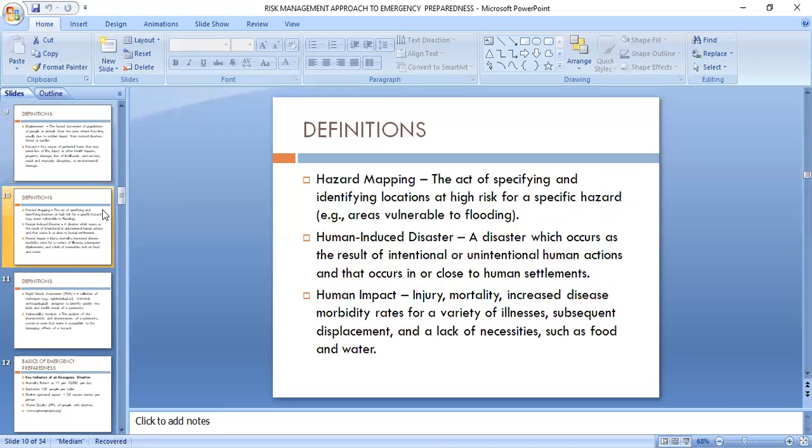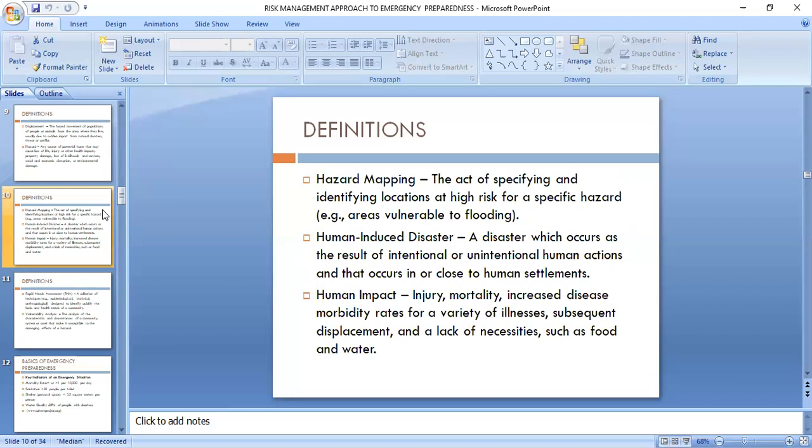Okay. Then we have hazard mapping, and this is where risk management now comes in. So the act of specifying and identifying locations at high risk for a specific hazard. So, for example, in Japan, tsunami and earthquake are quite common even as far back as ancient times, because of the geography of the area.